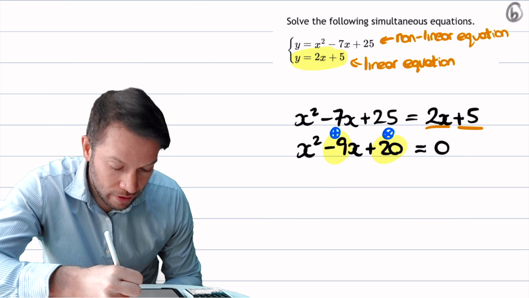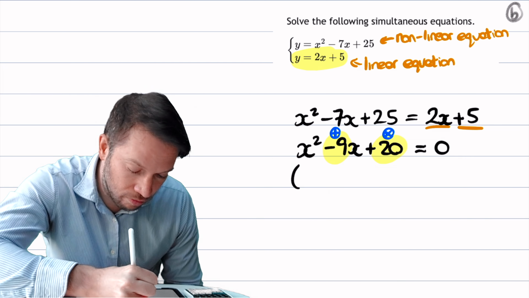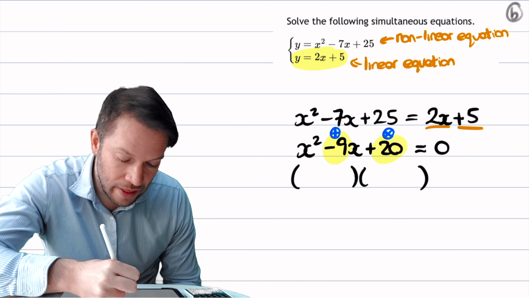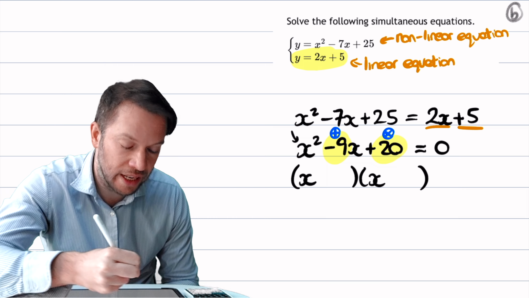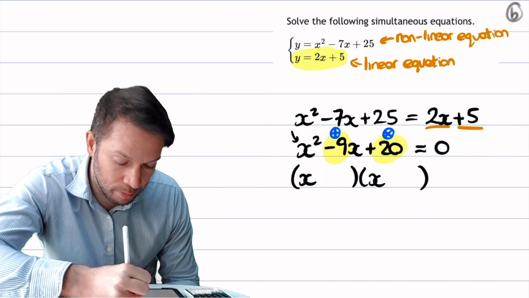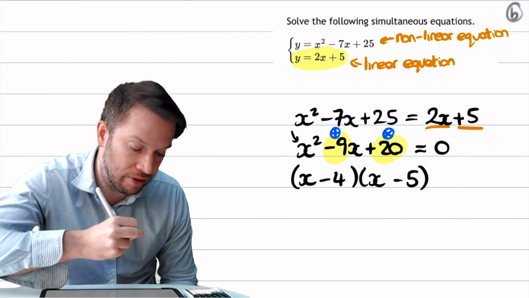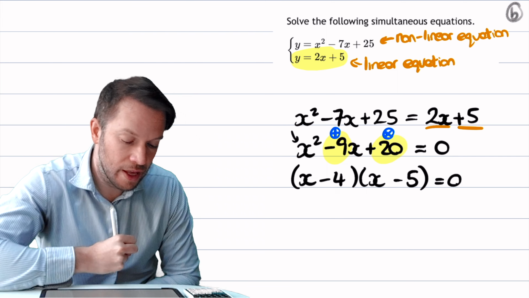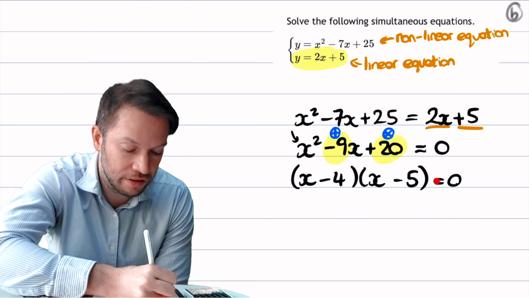So therefore, the two numbers are minus 4 and minus 5, and then we write two brackets, and because this is x squared, we have x as the first thing in each bracket, and then those two numbers we found, minus 4 and minus 5, we put as the second thing in each bracket, either way round. So this is equal to 0. And now you've got to think, well, I've got a product of two things equal to 0.